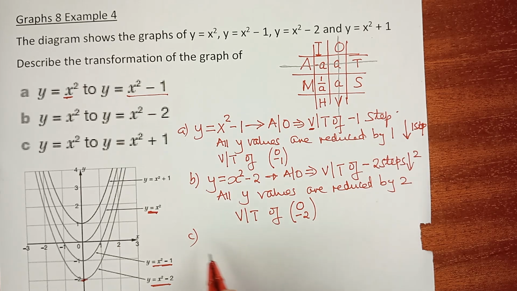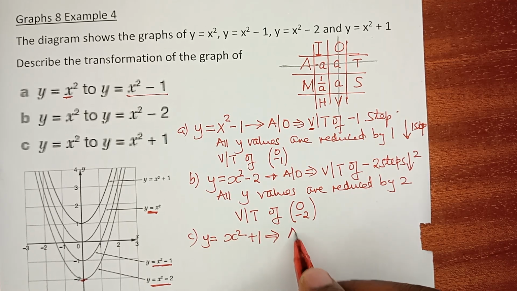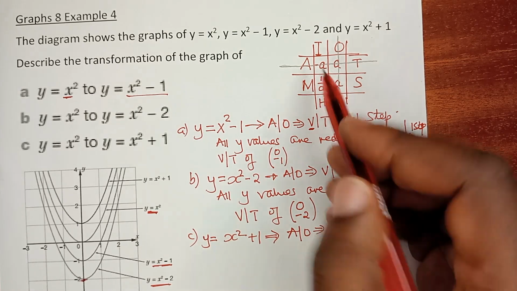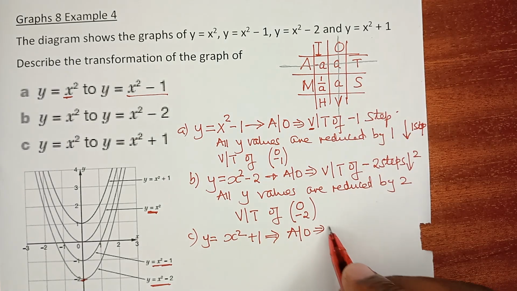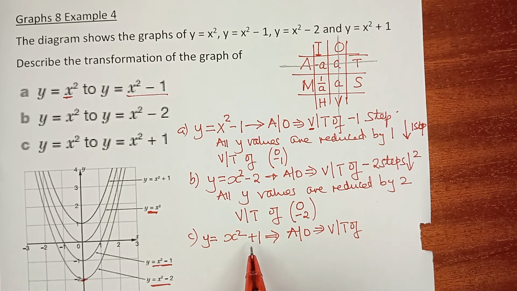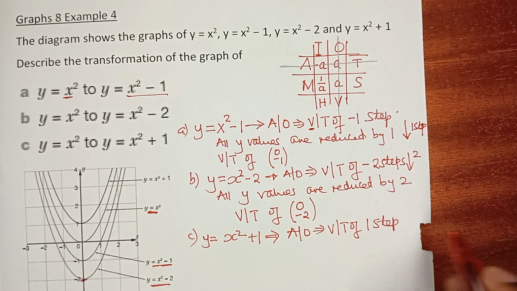Part C, the graph is y equals x squared plus 1. Again, this continues to be addition outside, and addition outside is still vertical translation, this time of positive 1, therefore of 1 step.